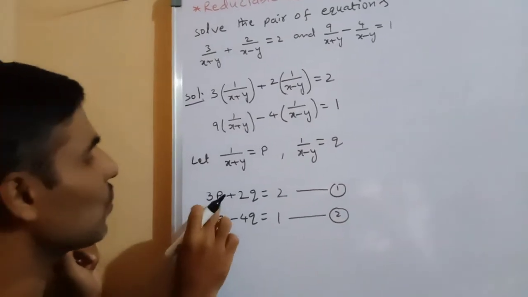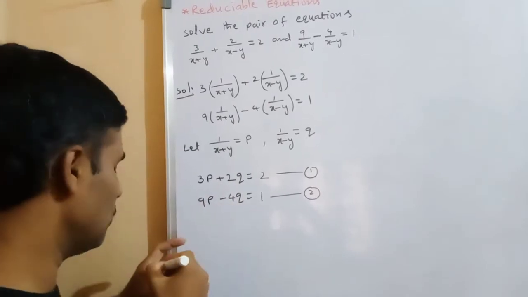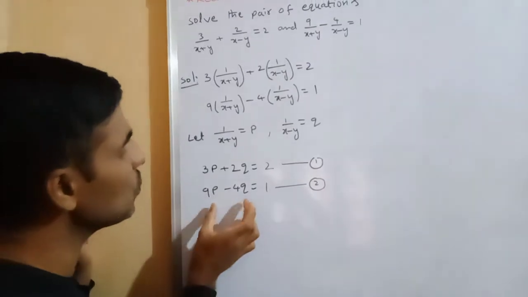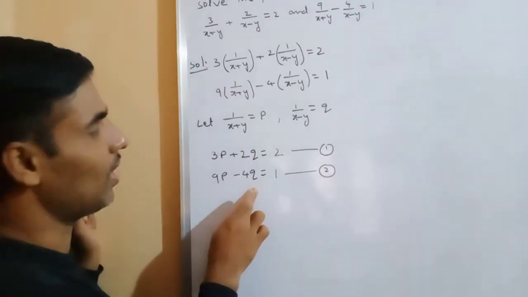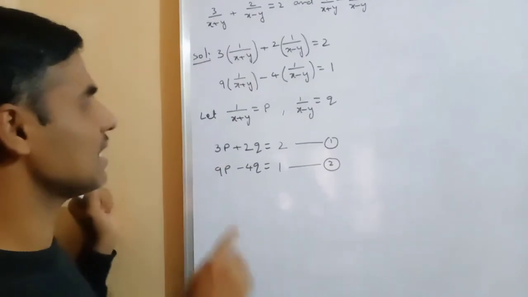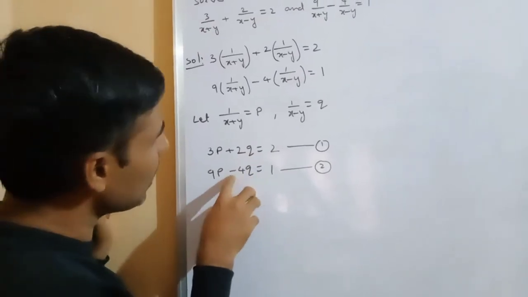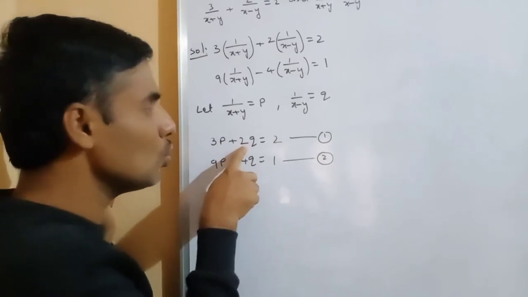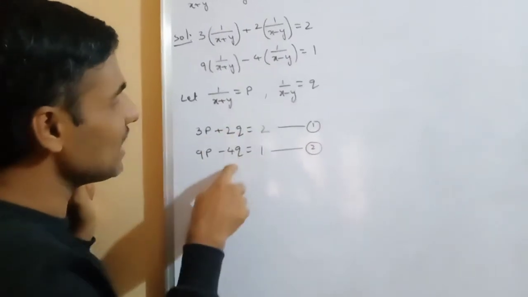Now see the coefficients: 3 and 9 for p, 2 and 4 for q. To find p and q values, we make either the p coefficients or the q coefficients equal. Here I want to cancel the q coefficient. There is already minus 4q, so if you multiply the first equation by 2, 2 twos are 4, and they will cancel.